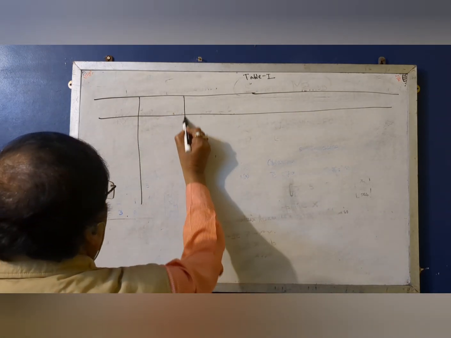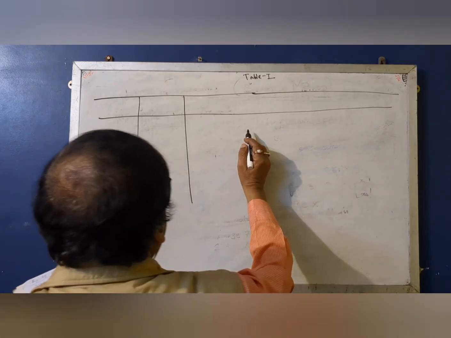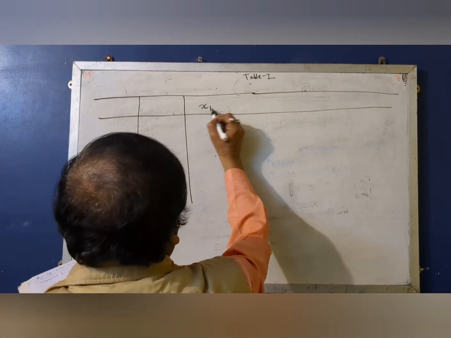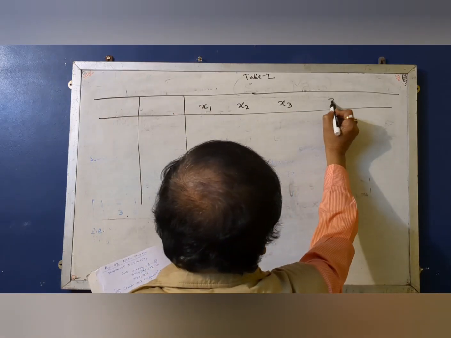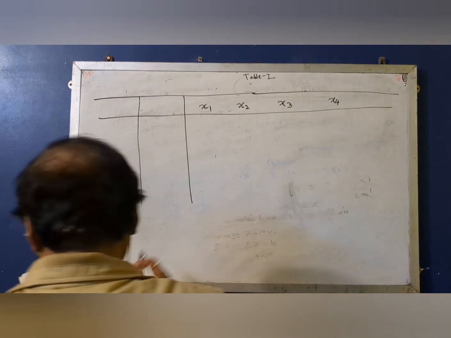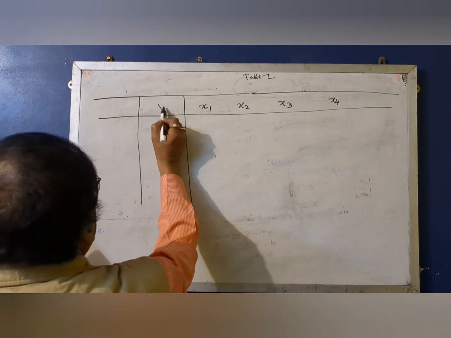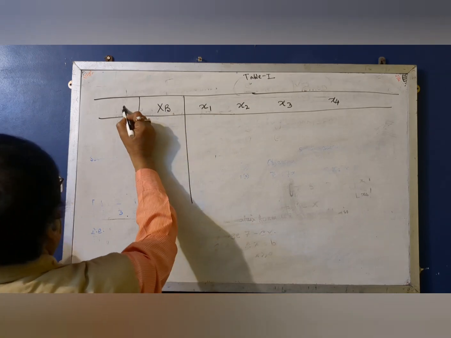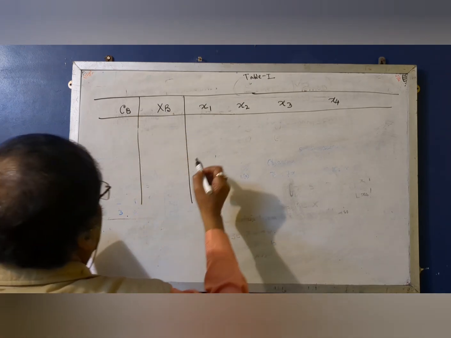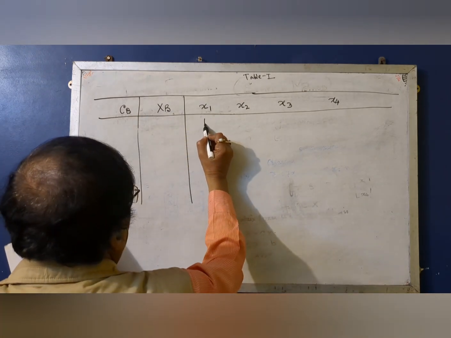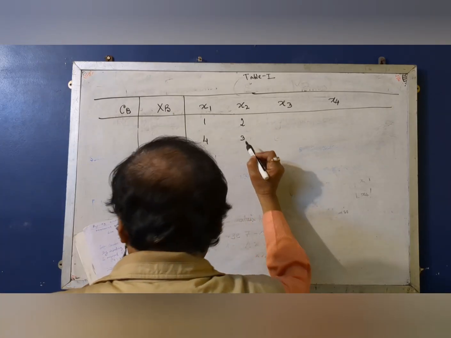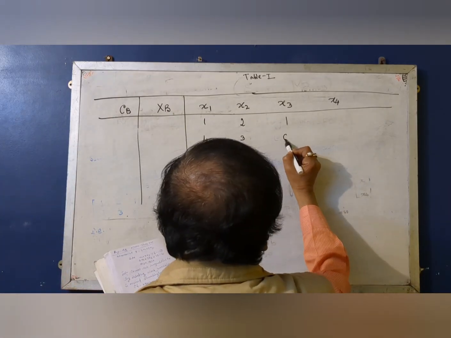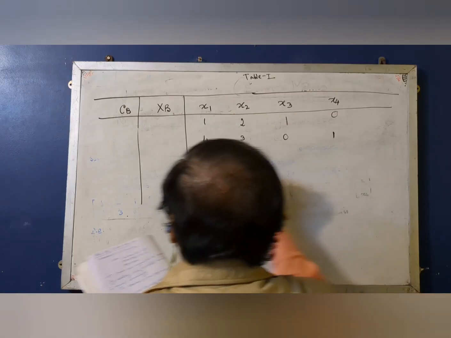The matrix A, x1, x2, x3 and x4, and this is xb, the basic variables. This is the cost matrix. And the values 1 2 1 0 and 4 3 0 1.